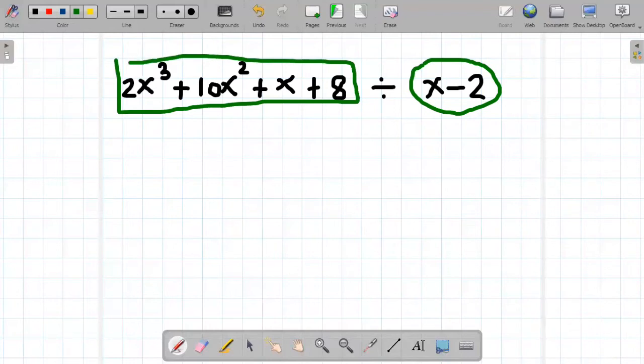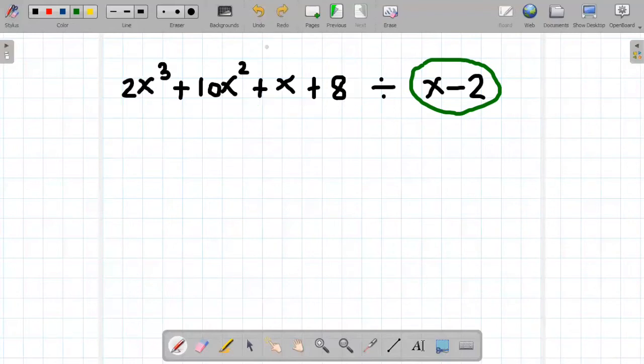So we are going to write that in the same long division format that you learned in elementary school. But before you place your dividend under this symbol, you have to make sure that your dividend is in descending order according to its powers or exponents.